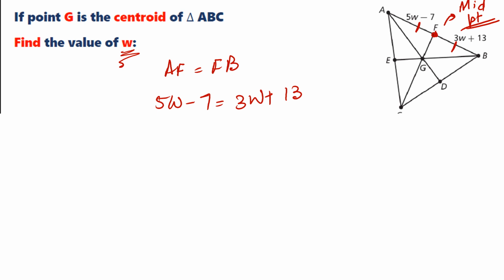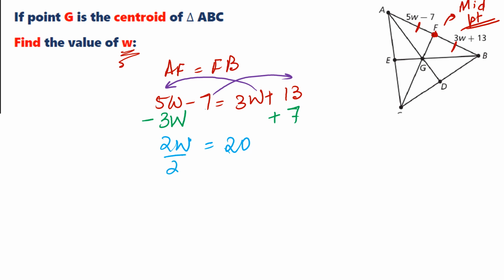Bring all the numbers on one side and all the variables on the other side. So 3W goes on the other side, it gives you negative 3W. Negative 7 goes on the other side, it gives you positive 7. So 5W minus 3W gives you 2W, and 13 plus 7 gives you 20. Divide both sides by the 2, you will get W equals to 10.